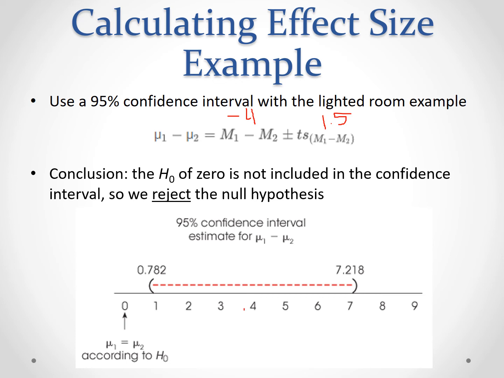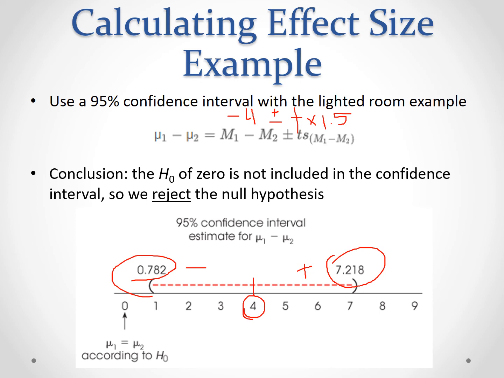But here's 4, so that's our mean difference. And so whatever the number is, 1.5 times whatever the t is, if we take that number and we add and subtract to 4, well, because we can add and subtract it to 4 or -4, it doesn't matter. That's the number that goes here, right? We subtract it and we get 0.782, or we can add it and we get 7.218.